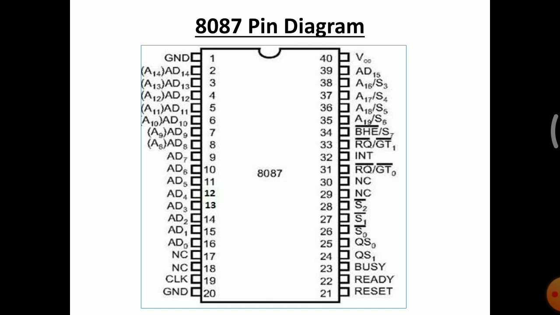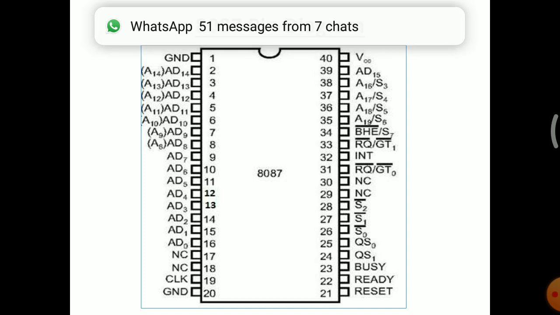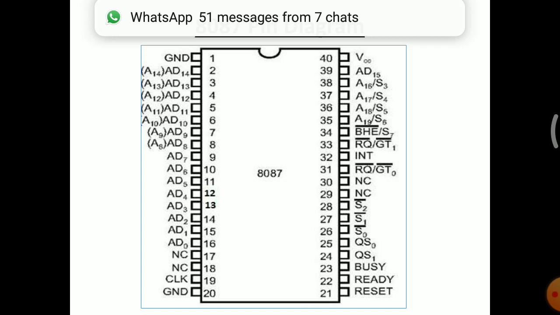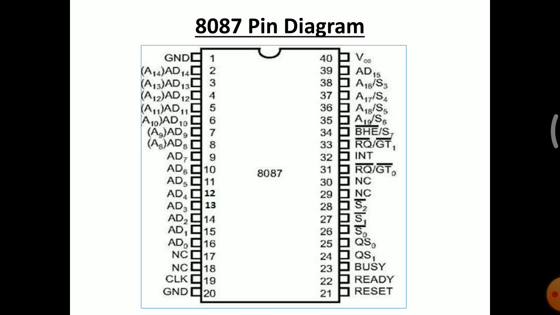These two pins work exactly similar to the Q status pins of the 8086 microprocessor. What they do? They give the status of the instruction queue of the 8087 math coprocessor. That means the 8087 math coprocessor has got its own instruction queue and its status.